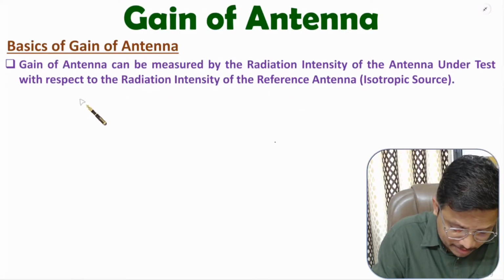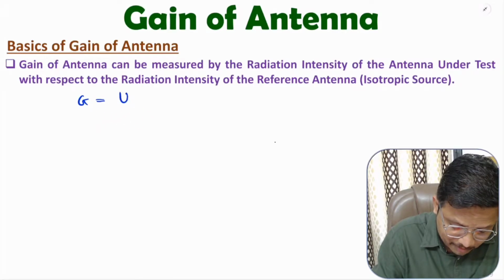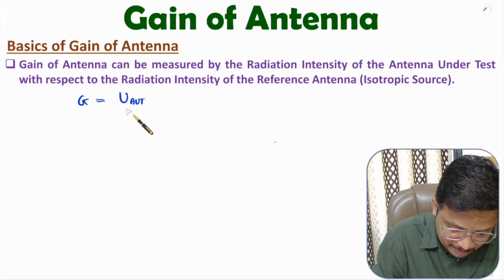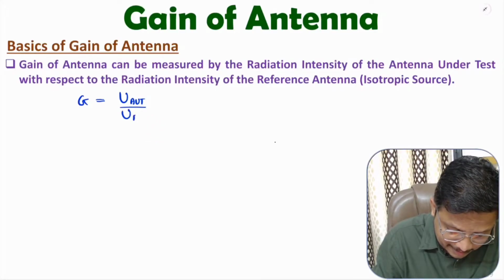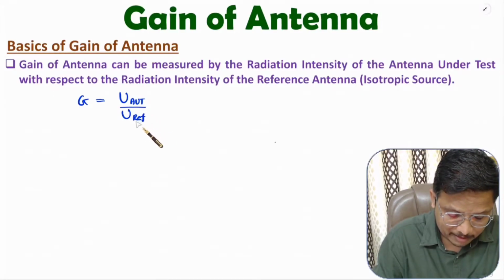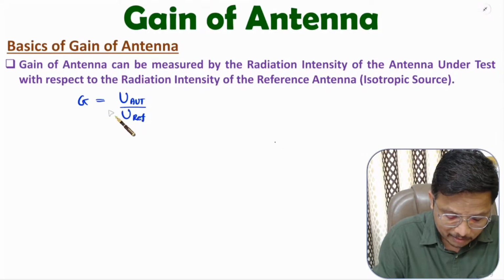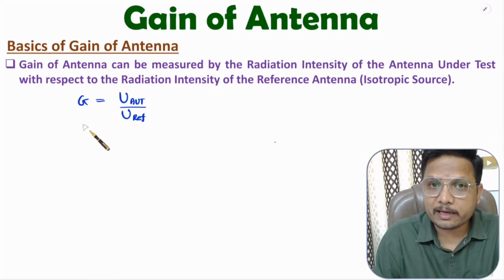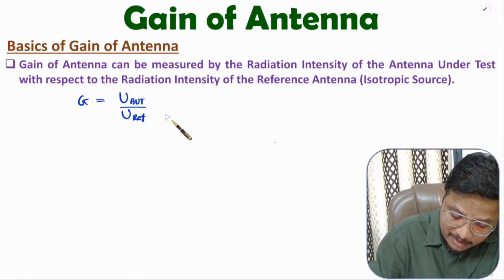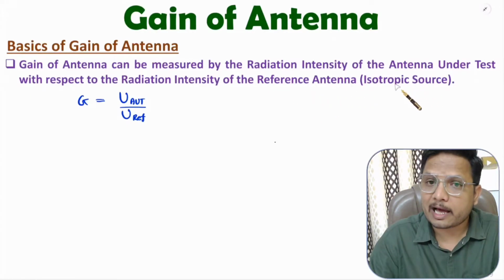The basic equation of gain of antenna is radiation intensity of antenna under test divided by radiation intensity of reference antenna. That is how one can calculate gain of antenna. And usually you will observe that this reference antenna is an isotropic source.